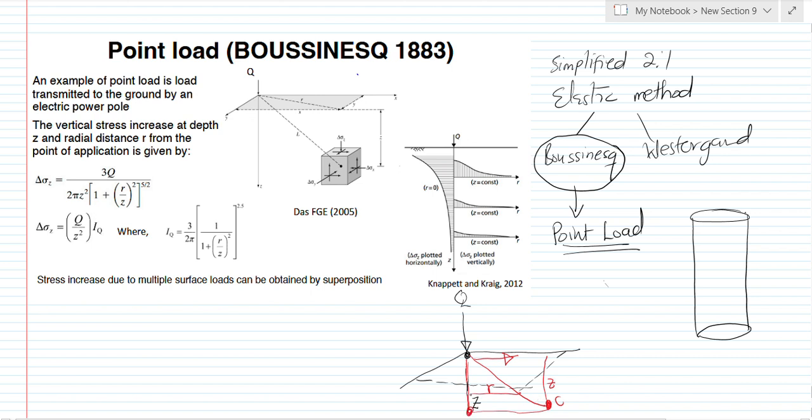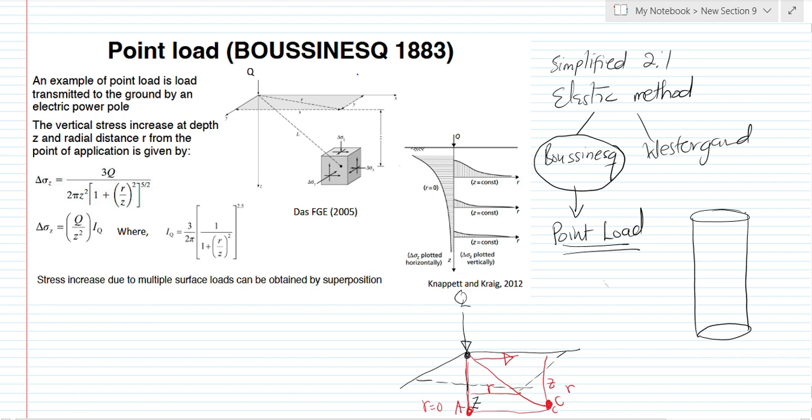So directly beneath the point load, the radial distance is 0. But at this particular point, the radial distance is R, right? Now, the stress that will be induced in the soil at this point, let me call it A, is going to be greater than the stress that is going to act at this point C. Because at this point C, there's a certain radial distance.